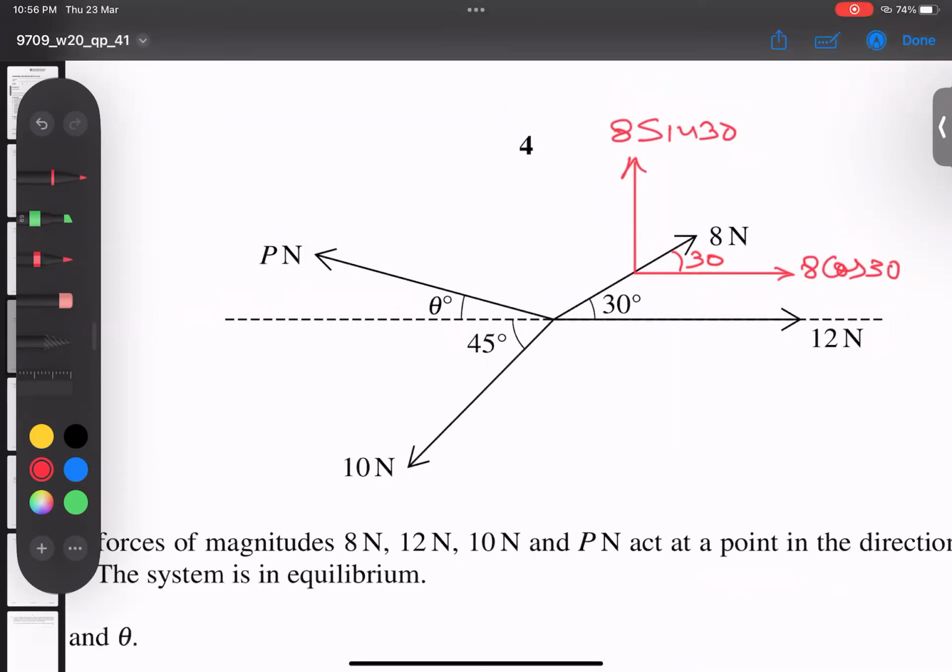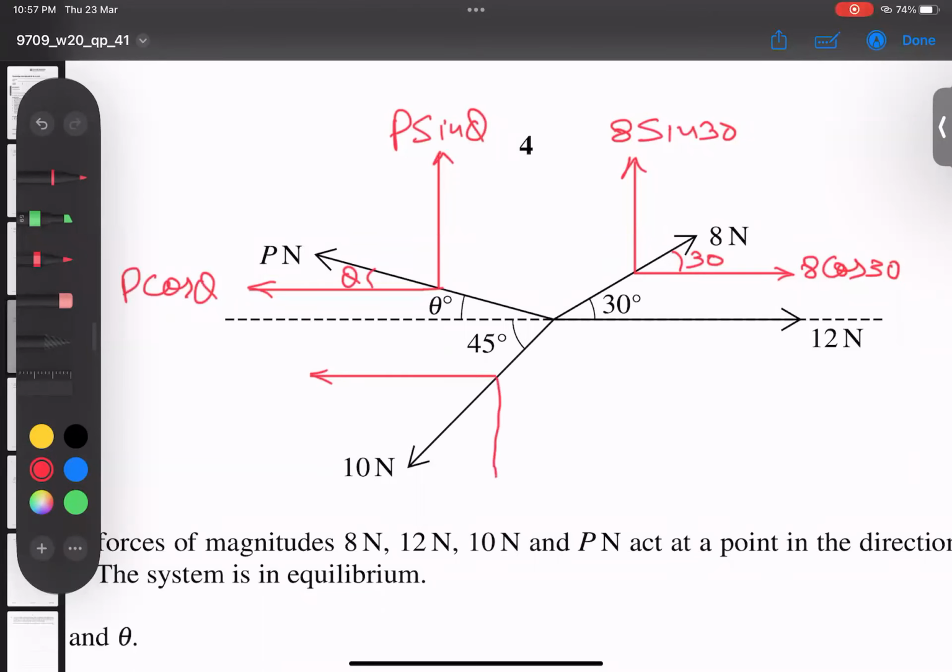If you show the resolved components correctly and then make some mistake afterwards, you will still get the marks for the resolving. So there are marks for resolving components, and I suggest you do it the way I'm doing. Look here, it's not a hard job. This 45 and where the angle is given is the cos component, where the angle is not given is the sine component.